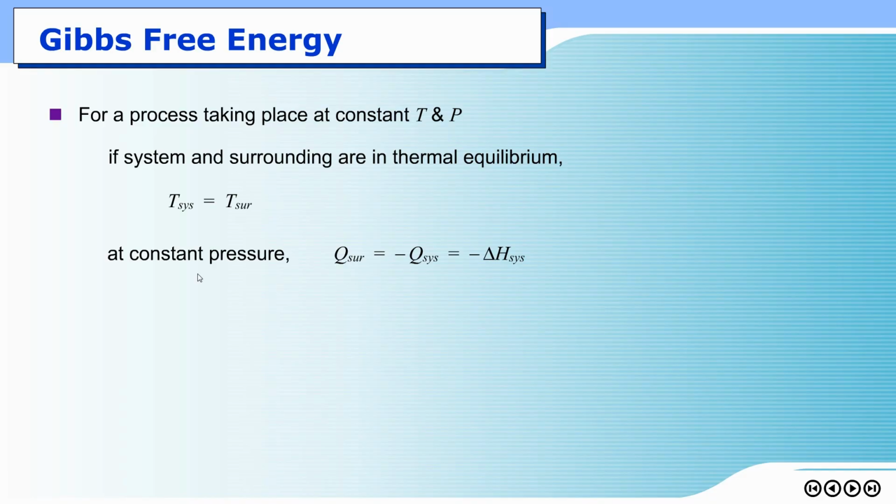And at constant pressure, what we learned from lecture 2 is that under the condition of constant pressure, the heat transfer of the system can be defined as the change of enthalpy of the system. So this relationship from Q of the system can be translated to delta H of the system only under the condition of constant pressure.